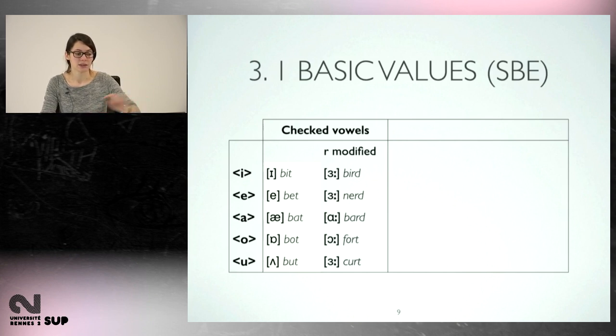And you can see that the effect of the R value on the checked basic value is actually quite consistent and regular. All the normal basic checked values are lax vowels, short vowels. The R modified checked values corresponding to these basic checked values are all tense vowels.